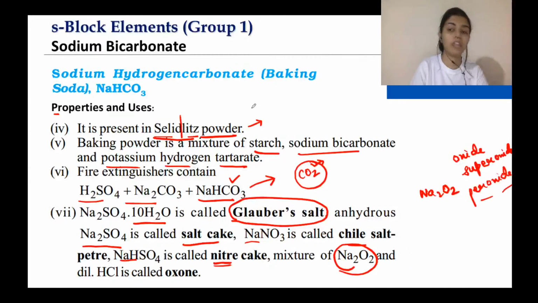Is it sodium oxide, sodium superoxide or sodium peroxide? Anyone with the answer? What is Na2O2?